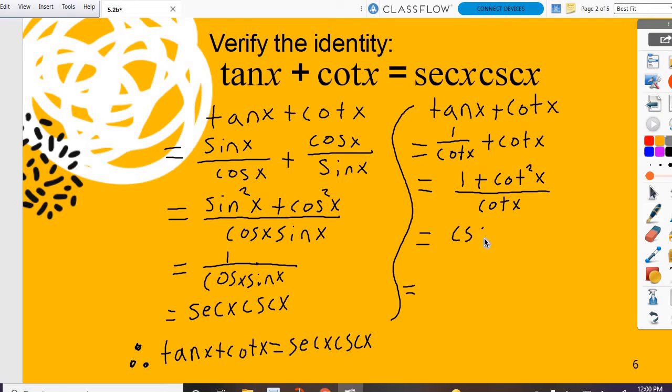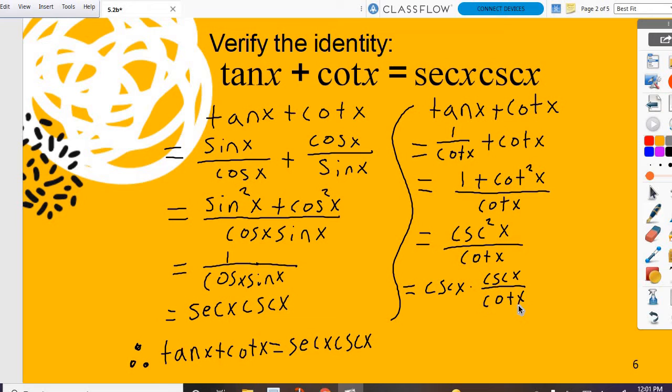Cosecant squared of x divided by cotangent of x. Do you agree? Yeah. So then, again, we're still going to break apart one of our cosecants because we just want one cosecant times cosecant of x divided by cotangent of x.